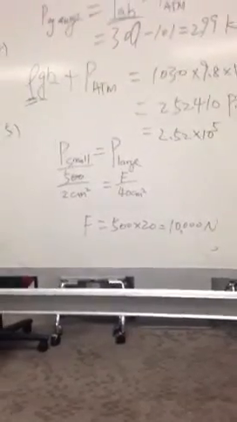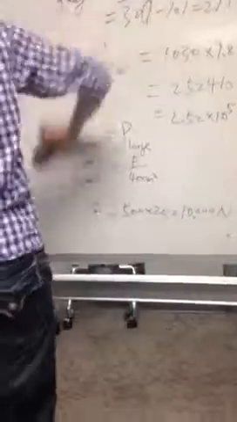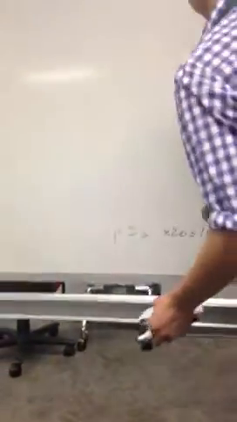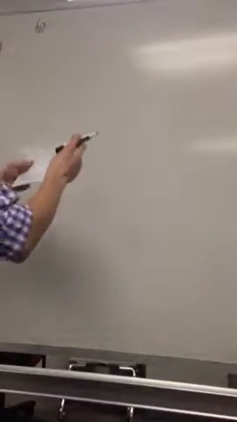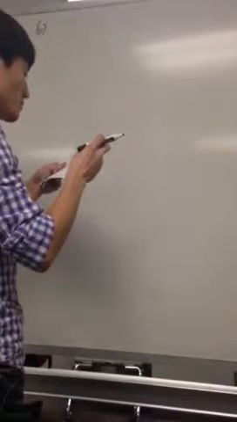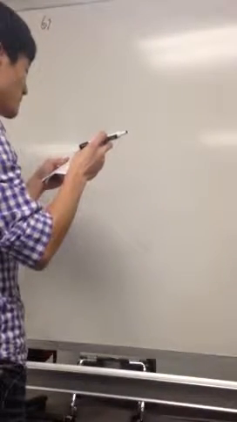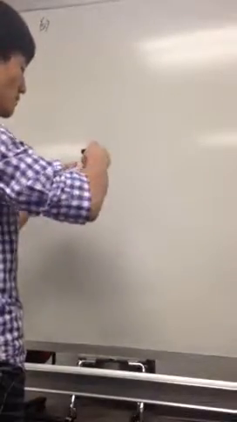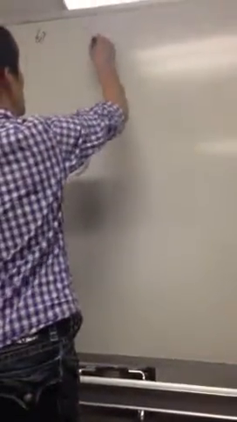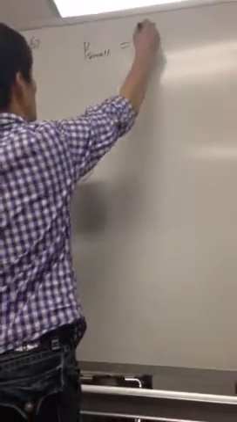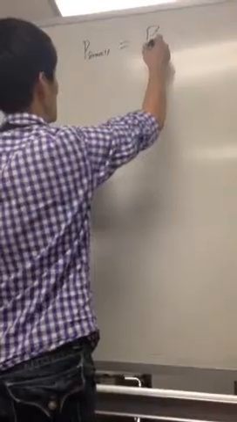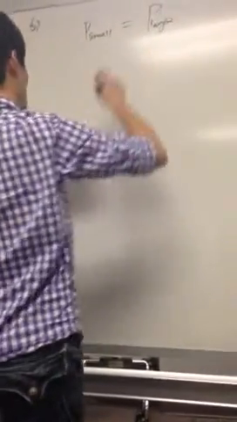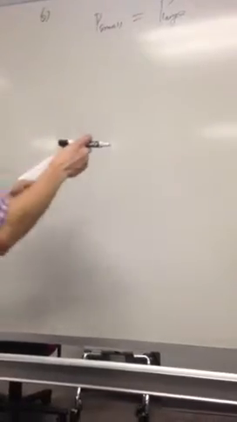And then number 6. Similar to number 5, small piston, also, the pressure from the small side should be equal to the pressure in the large side.